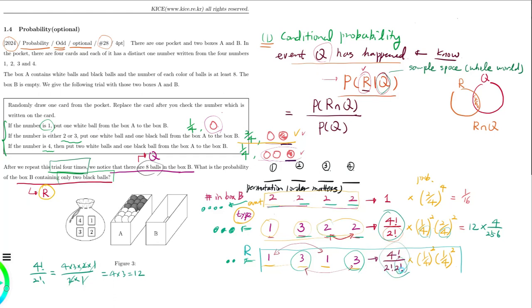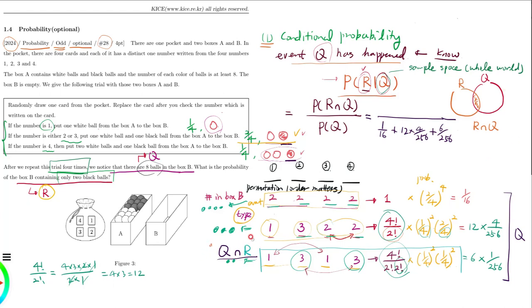And this case is another 1/2, so 6 times 1 over 256. The probability of event Q is the sum of all these probabilities here, and this is actually the Q and R event here.